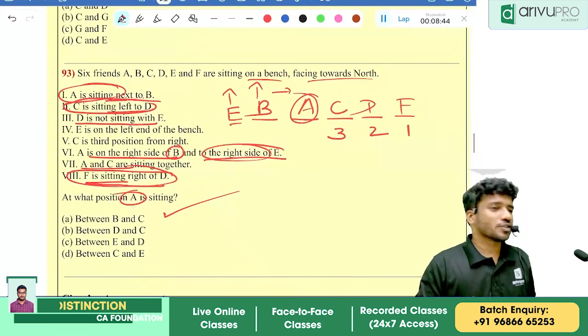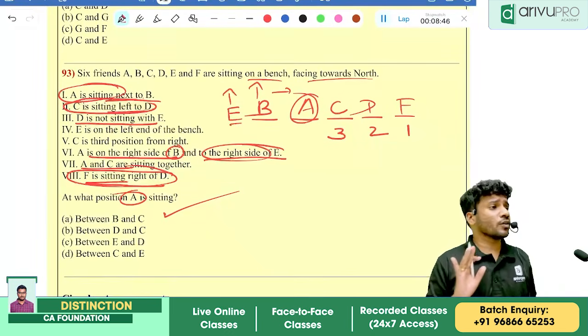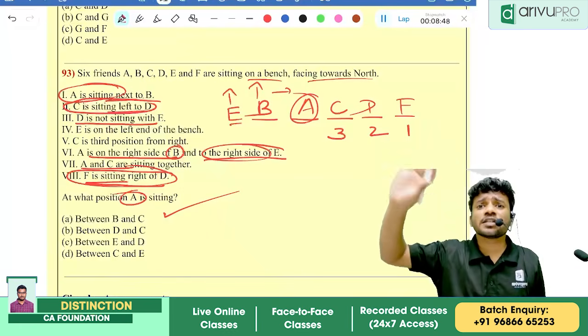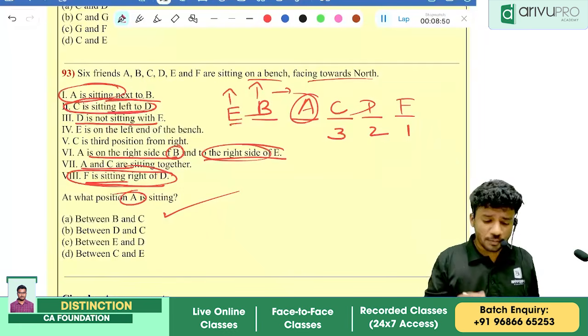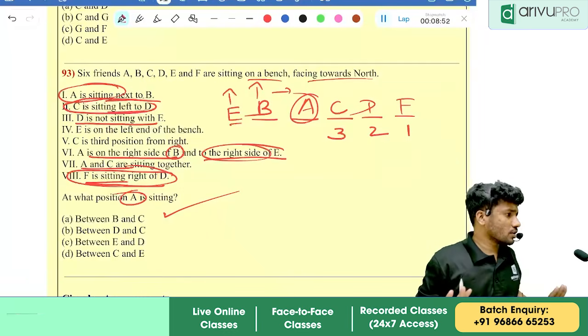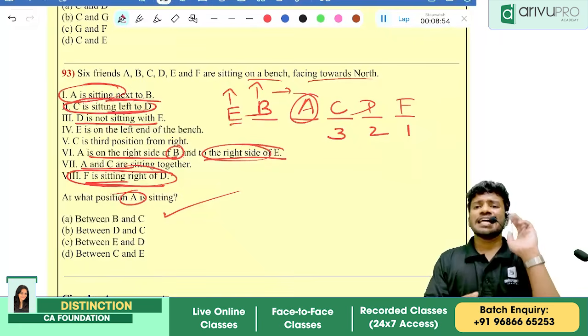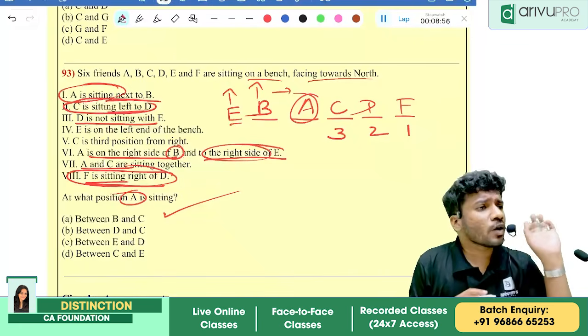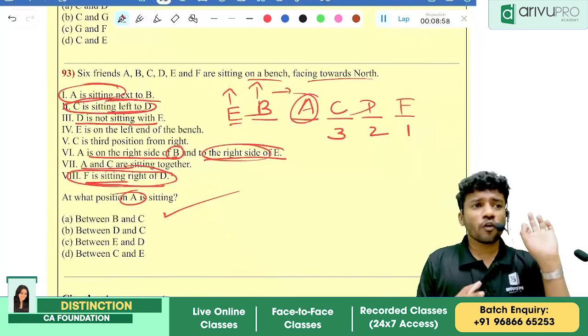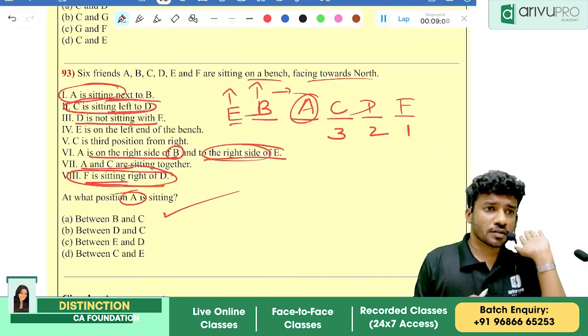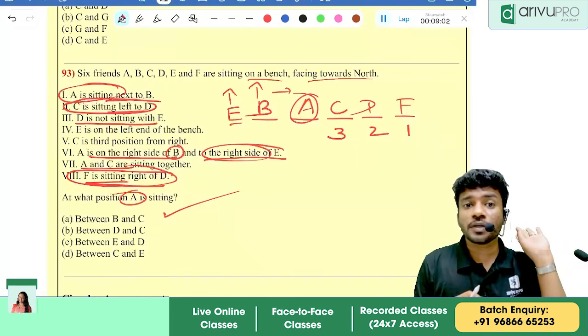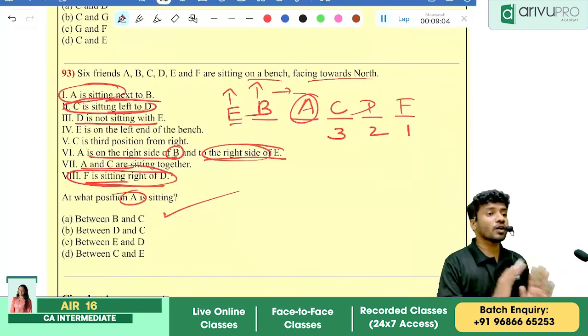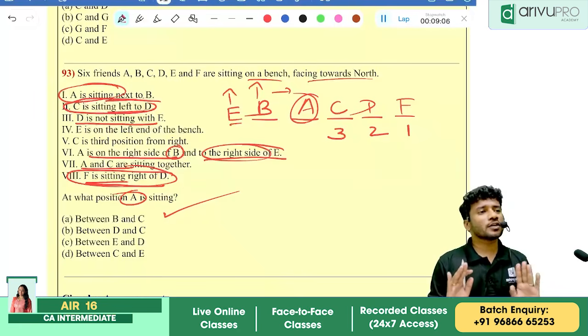Even if you are struggling or having trouble with arranging the people, always remember, randomly start arranging. You will get the answer. Never take more than 1.5 minutes for any question from logical reasoning. If you are spending more than 1 minute itself, you might not get the answer.